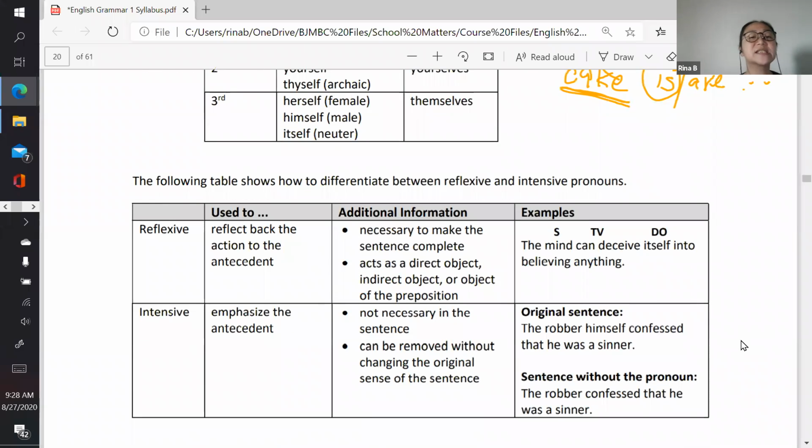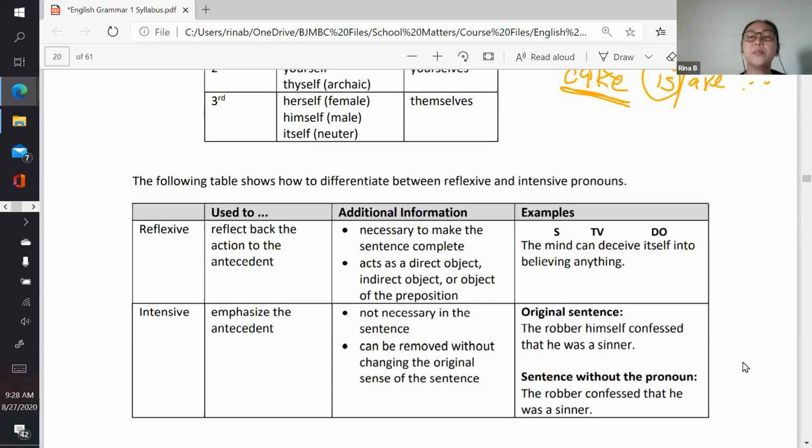When we say reflexive, it means we can think of the word reflect. No? So the action goes back to, or is reflected back to, the antecedent. If that's the case, then the pronouns with the self at the end are reflexive pronouns.